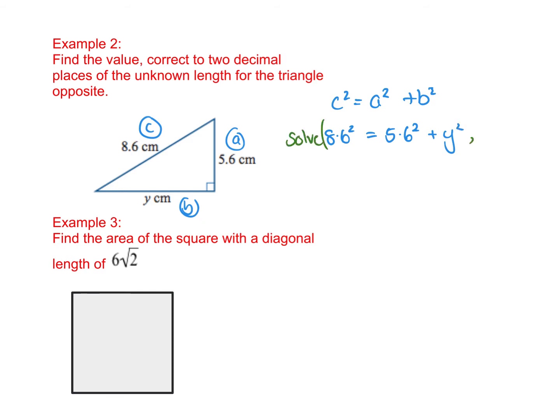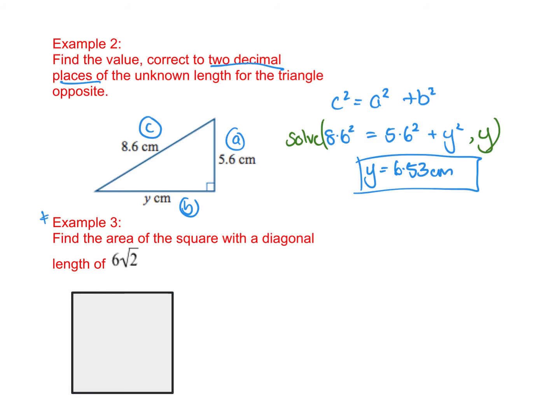And just remember, you just want one y, so you do comma y, and you end up with y equals, said 2 decimal places, 6.53 centimeters. There we go.